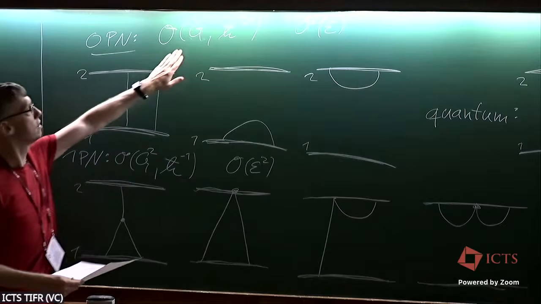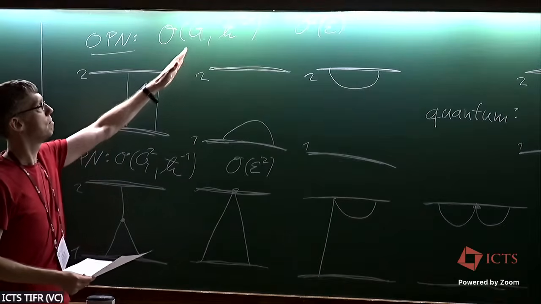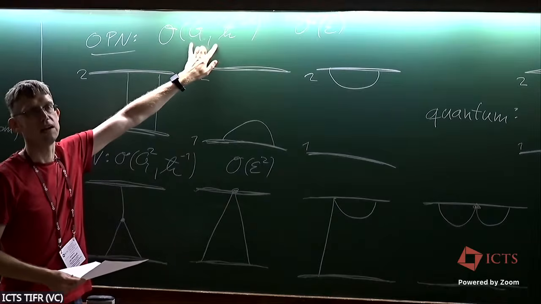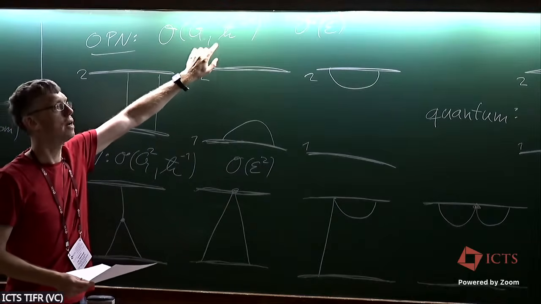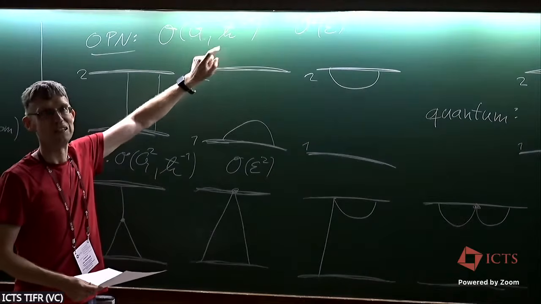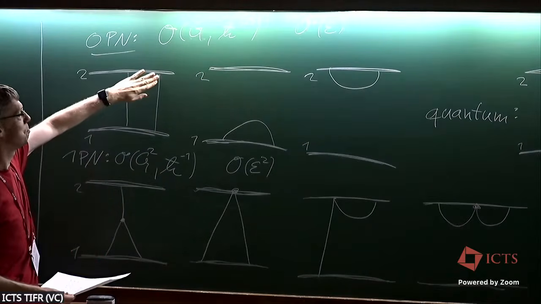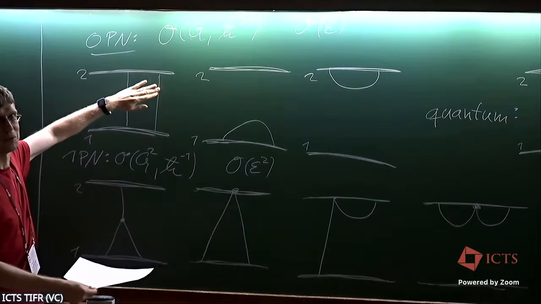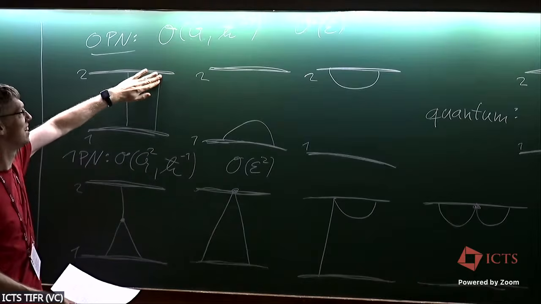Naively, since it's the same diagram, it just gives the same factor, right? So it would be g square h bar to the -2. So in some sense it would be subleading. It would be even stronger than the classical result.